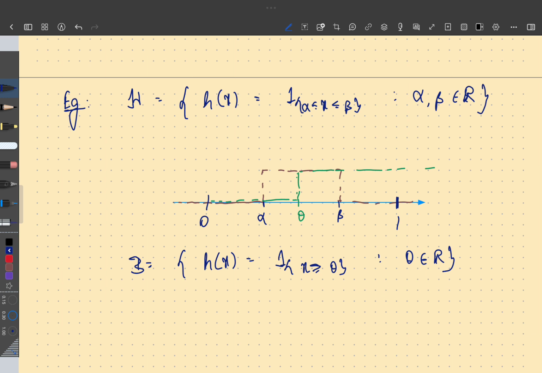So really, if theta is equal to, let's say, alpha, then you're getting everything right in this region and this region, but everything wrong in this region.